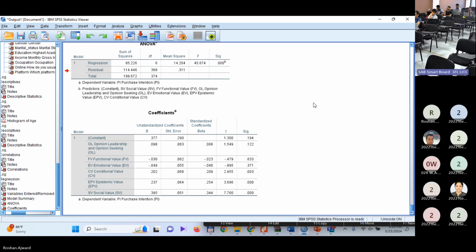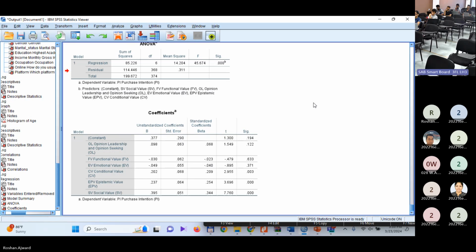Increase the epistemic value and increase the social value to have a greater purchase intention of the customer. So those are the recommendations finally that you will give. Only based on what? Significant predictors. That's one thing you have to understand.